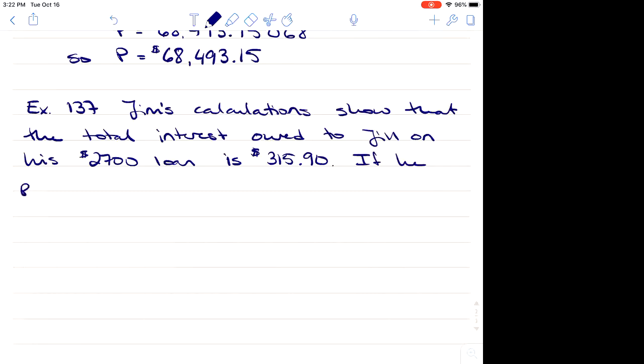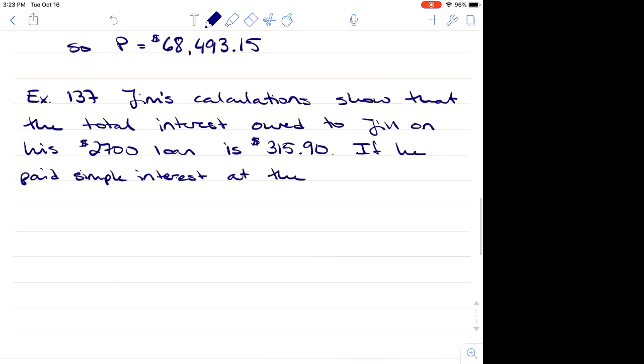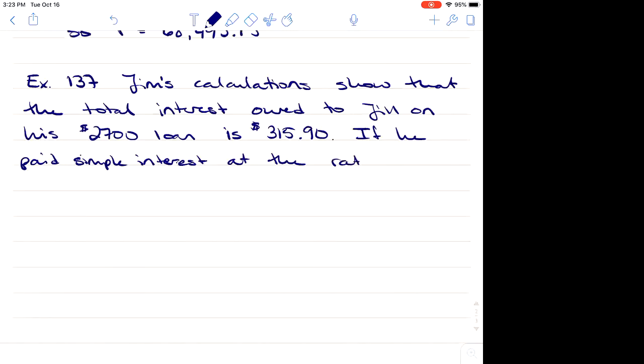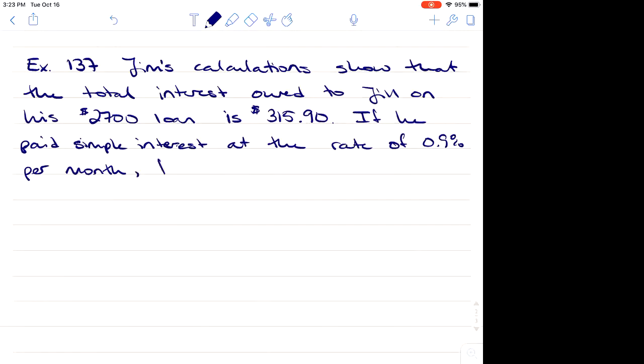If he paid simple interest at the rate of 0.9% per month, for how long did Jim borrow the money?